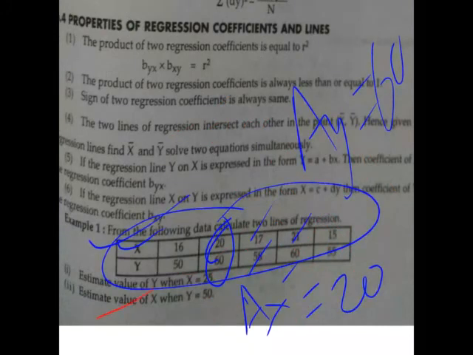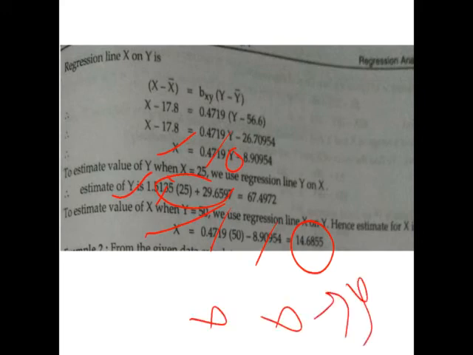In the problem: estimate x when y is equal to 50. So y is equal to 50, put the value 50 here. x is equal to 0.4719 into 50 minus 8.90954. So we are getting the value 14.6855. That is x on y.